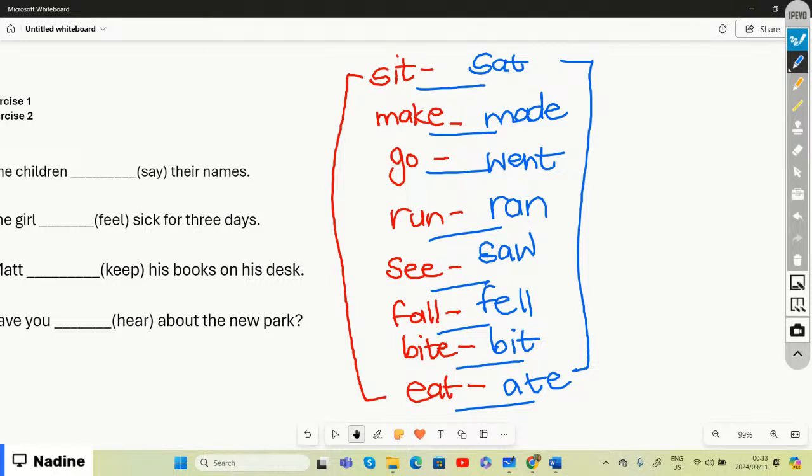Yesterday I bit the apple. I eat my food. Last night I ate my food. Right? So those are examples of irregular past tense.